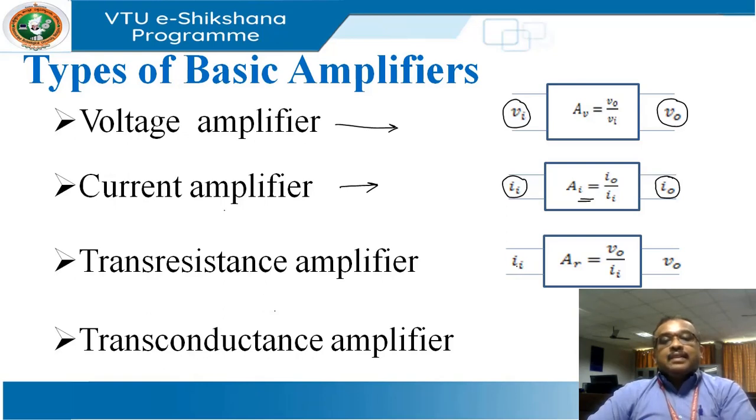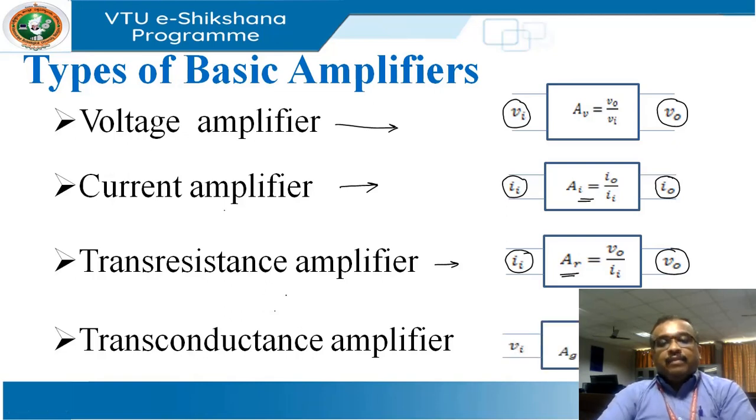In trans resistance, how do we represent a resistance? Resistance is nothing but V by I, correct? So if I want to represent the gain of this block, which we are calling a trans resistance amplifier, we write it as V0 by Ii. So the input will be a current quantity and the output will be a voltage quantity. Hence it is called a trans resistance amplifier.